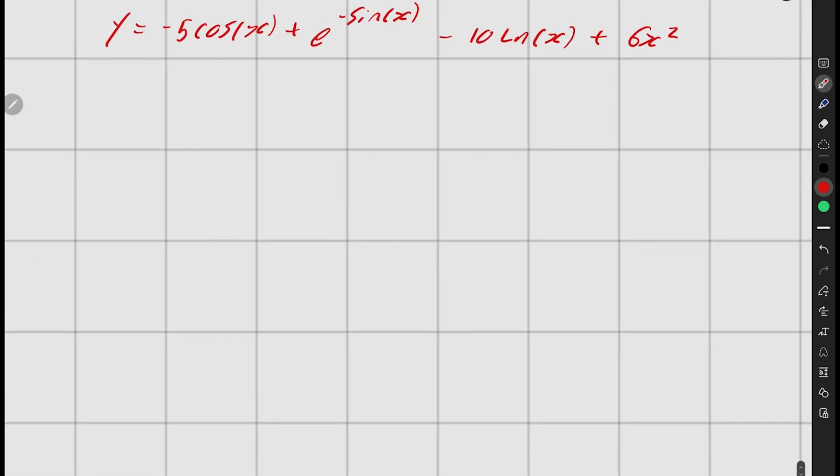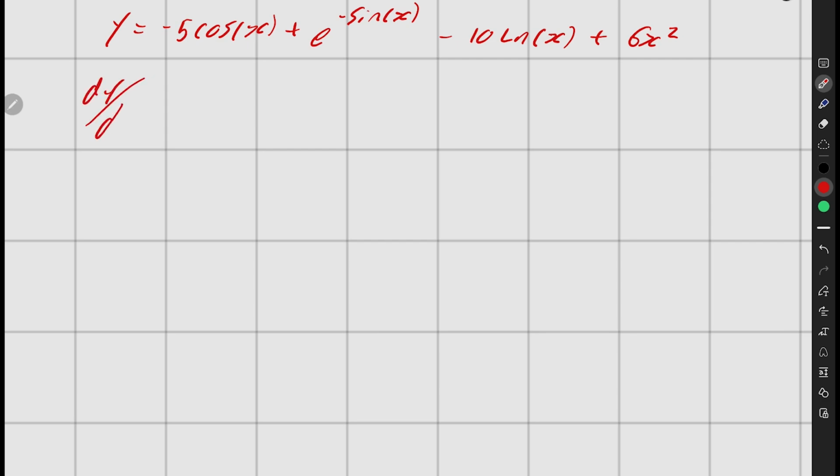But let's say we have the function y equals negative 5 cos of x plus e to the negative sine of x, and we're going to have minus 10 times ln x plus 6x squared. So let's say you were given this function and you were asked to differentiate it. Let's work through this. Just pause the video, give this a go yourself, see how you go.